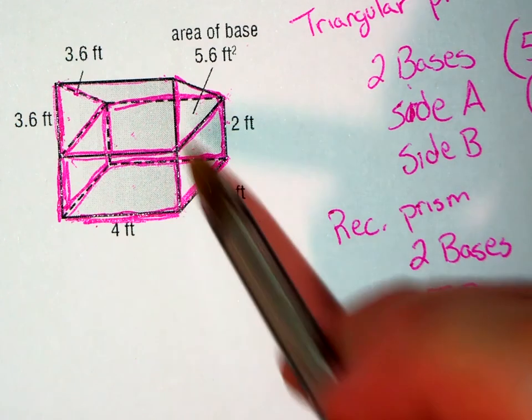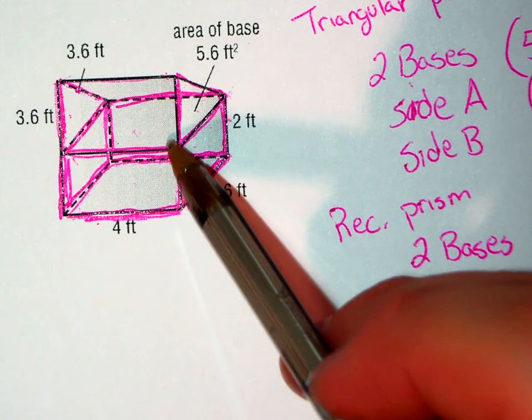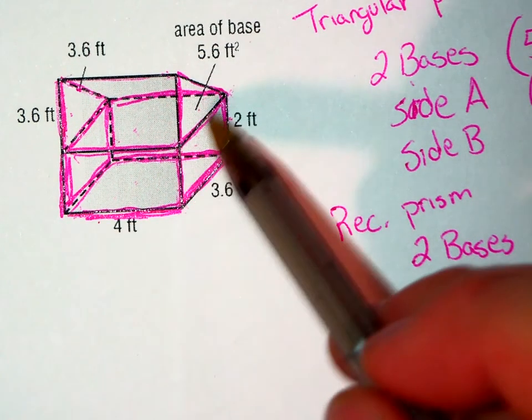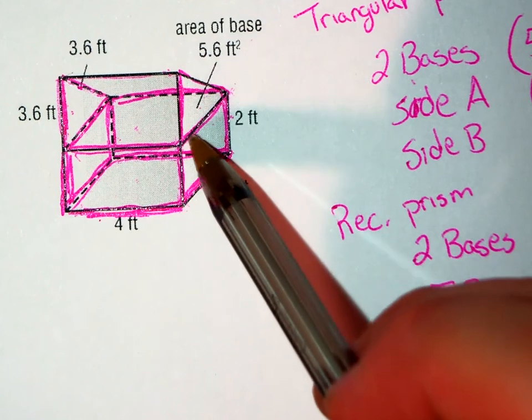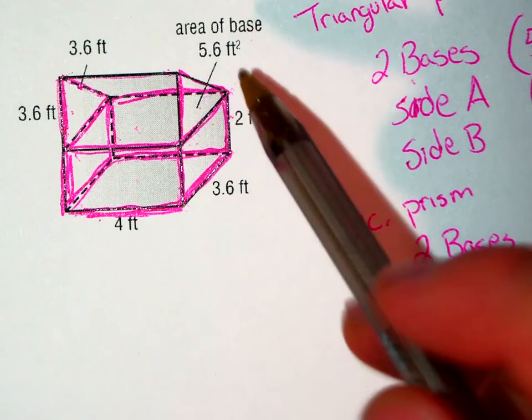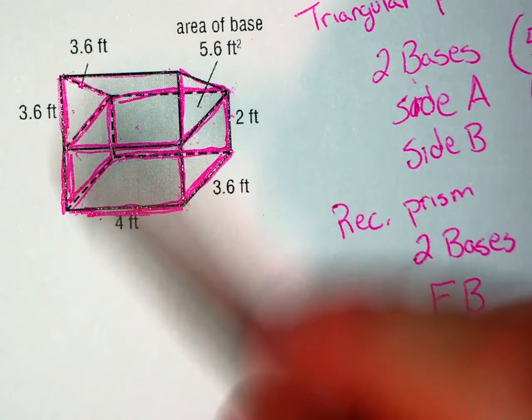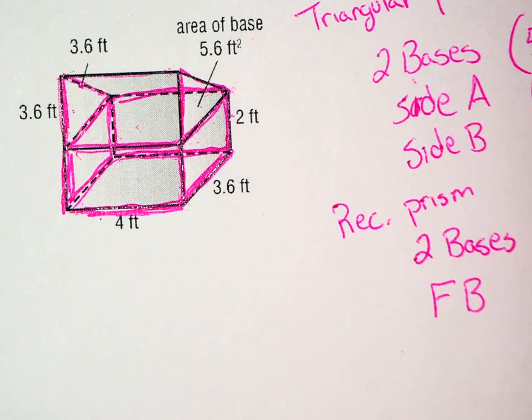And like we mentioned before, this will not have a top because the top of my rectangular prism is fused with the bottom of my triangular prism, and so they're no longer part of the surface area. I'm simply calculating surface area by the exterior sides of this shape.